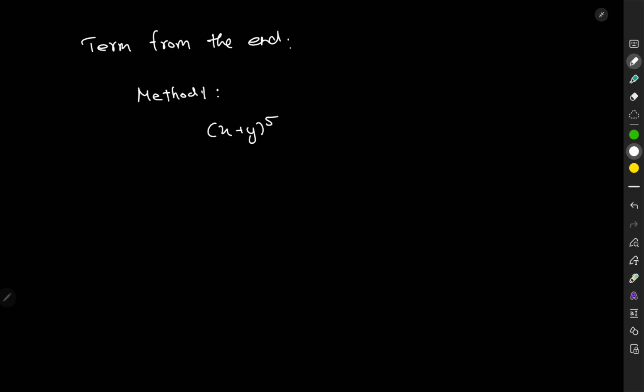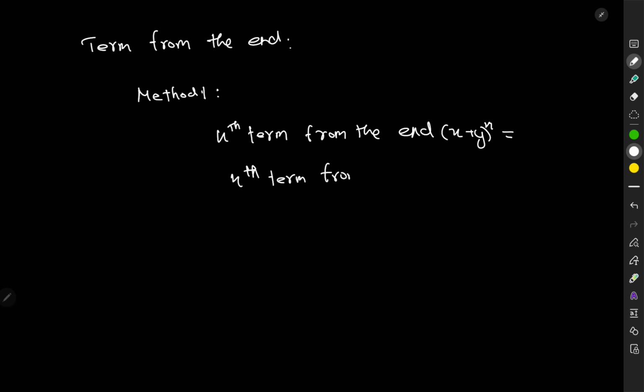Let me give the theory first. Fine. The theory is kth term from the end of (x + y)^n is equal to kth term from the start of (y + x)^n. I hope you understand this, right?